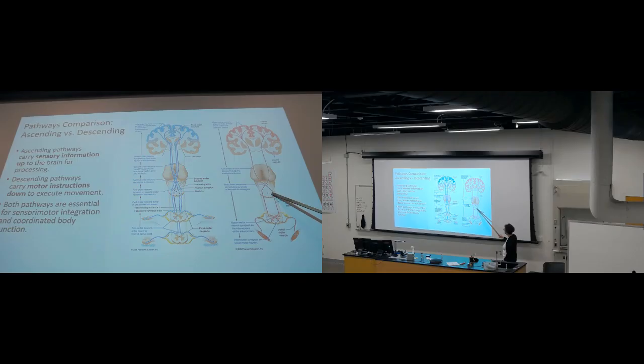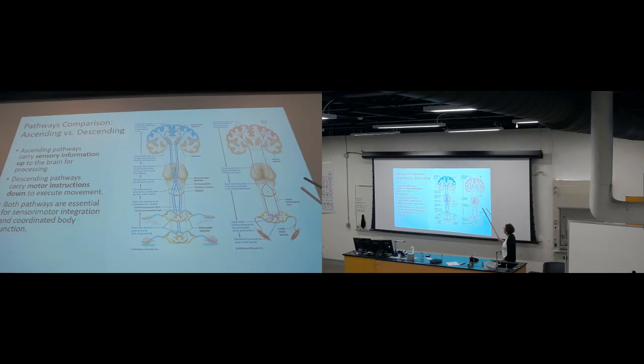But again, you have a crossing of the axon from the left side that goes now into the right, and then from the right into the left. And this neuron is called the upper motor neuron, or UMN. And then once it crosses, it migrates down in the spinal cord ipsilaterally, and then it will exit at the level of whatever muscle you want to move.